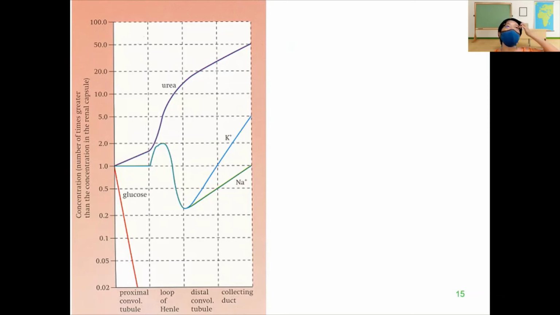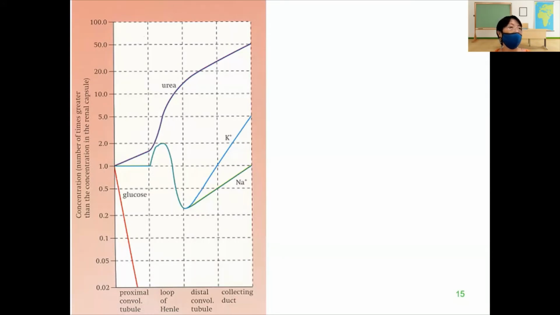How many percent of glucose is reabsorbed? Shannon? Huh? How many percent of glucose is reabsorbed? Do you want the glucose or you don't want glucose? You want. So how many percent do you want to reabsorb? No, 100%.